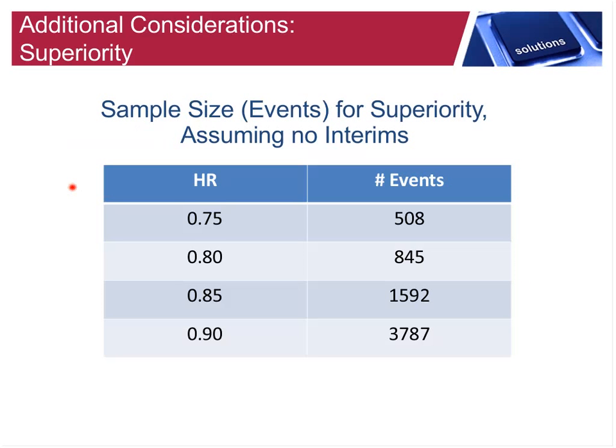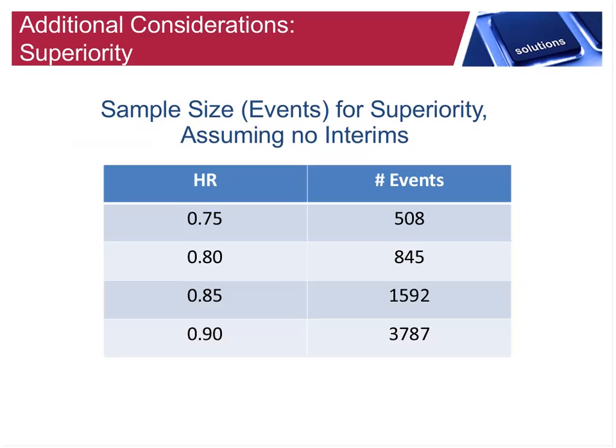As you have seen, incorporation of interim analysis, particularly with the O'Brien-Fleming function, doesn't add much here. But if the true hazard ratio is 0.75, then you need about 508 events. 0.8, 845. 0.85, about 1,600 events.